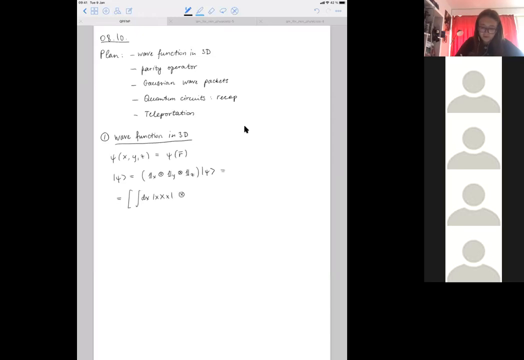The identity on x, tensor product, the identity on y, tensor product, the identity on z, and psi. And psi is in x, y, z.